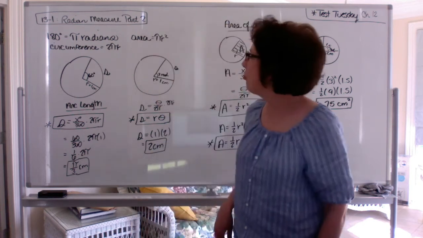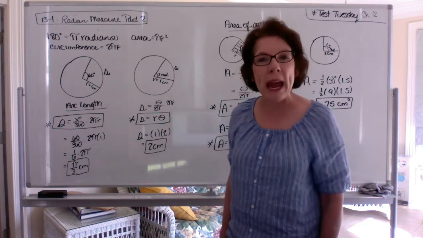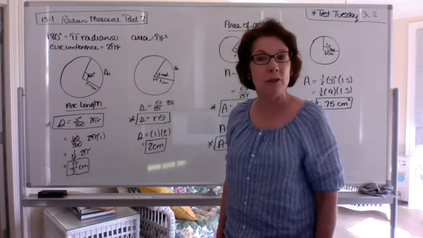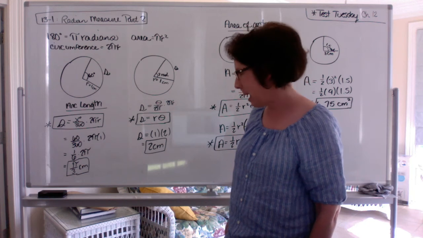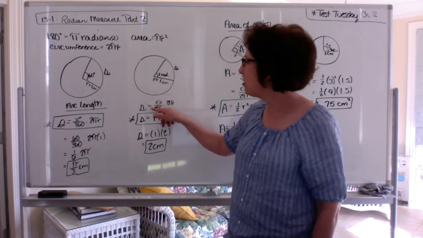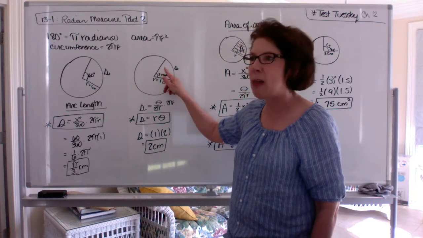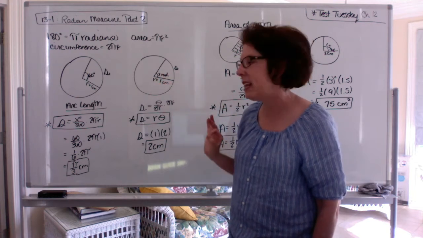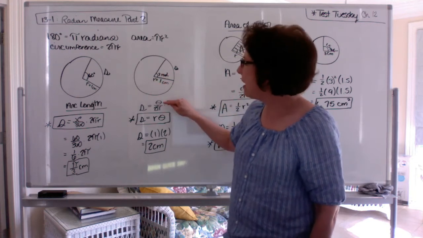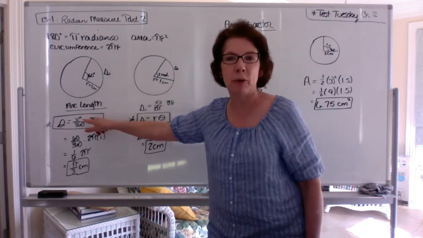Now, let's go over and talk about arc length using radian measurement instead of degrees. So the principle is still the same. The length of this arc is going to be the measurement of this angle divided by the total measurement in radians. Now, theta is always used for radians. I used x for degrees to differentiate.